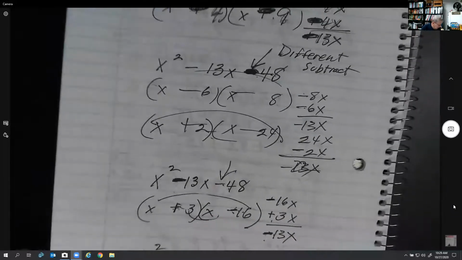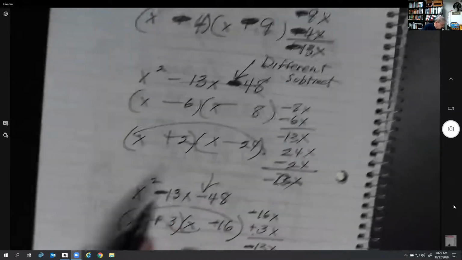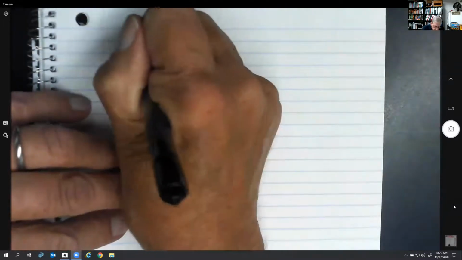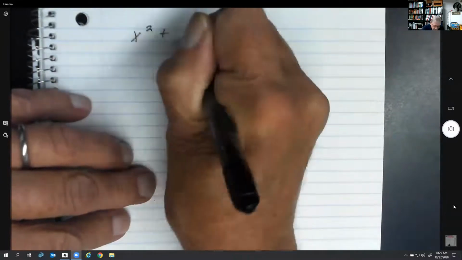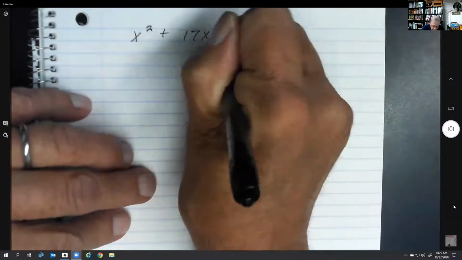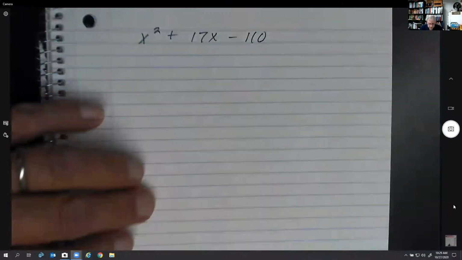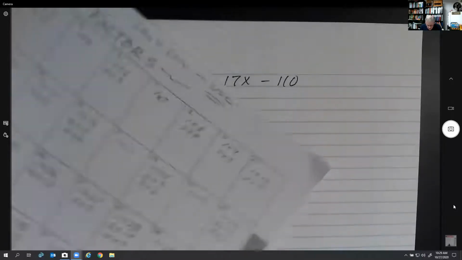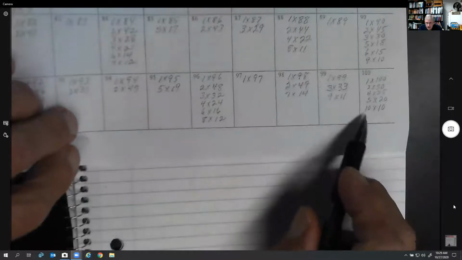So let's see if I can give you another problem and see if we can do it. Let's try an easy one here before we get into that. Well, let's try this one: x squared plus 17x minus 110. You see, this one's a little bit hard too, because even my sheet, as good as it is, only goes up to 100.